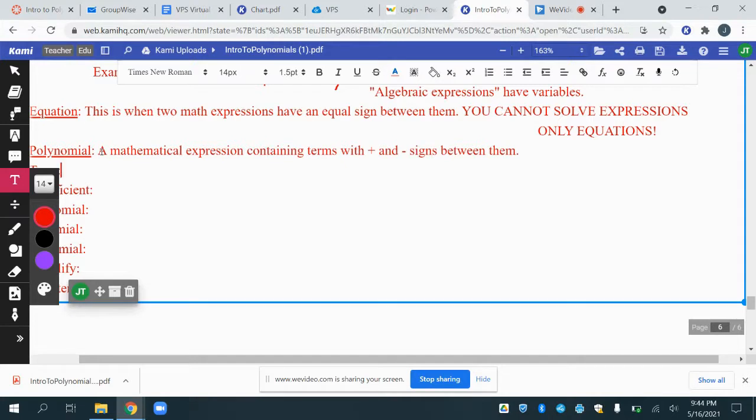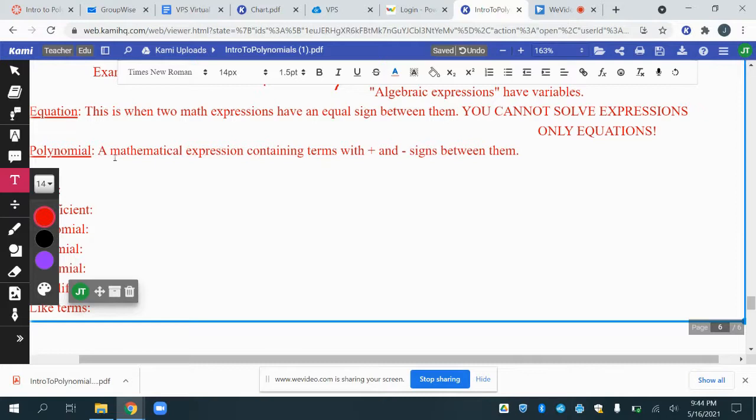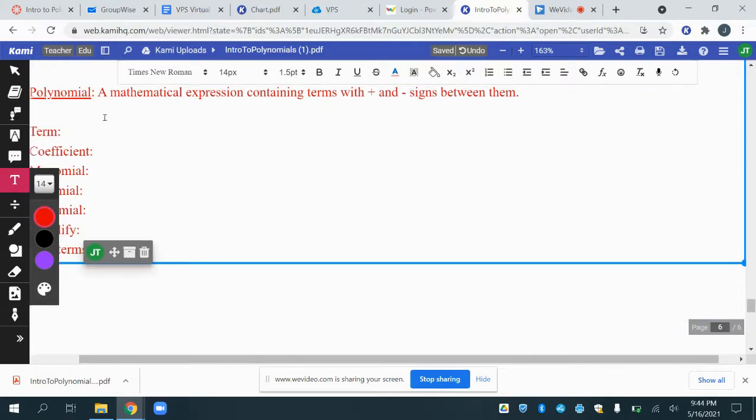So what are examples of that? A polynomial is a very broad term. And just for the record, just about any number that you've dealt with so far in your life is also called a polynomial.